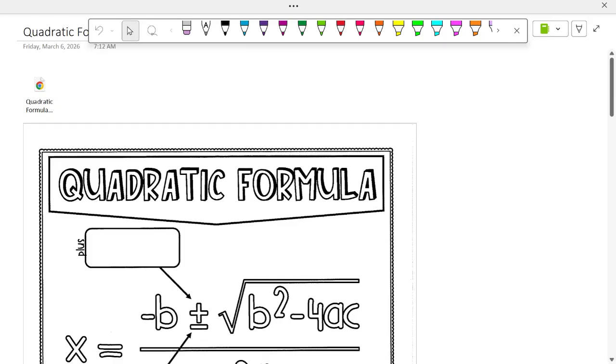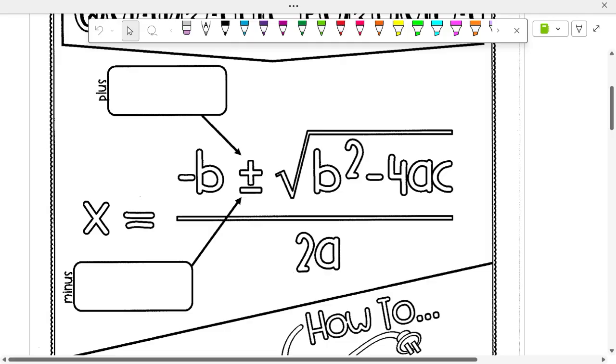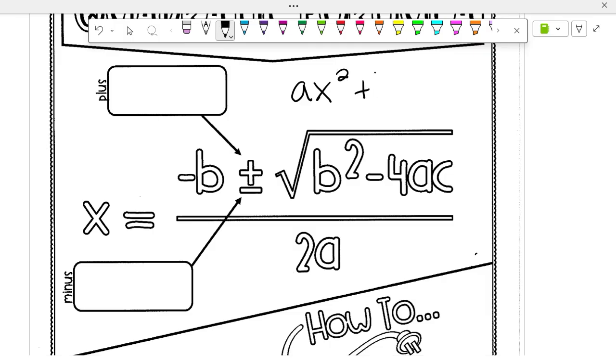All right. So that very first page of that new packet is the actual quadratic formula. So typically, if you start with ax squared plus bx plus c is equal to 0, in other words, the standard form of a quadratic, you can solve that quadratic using this formula.